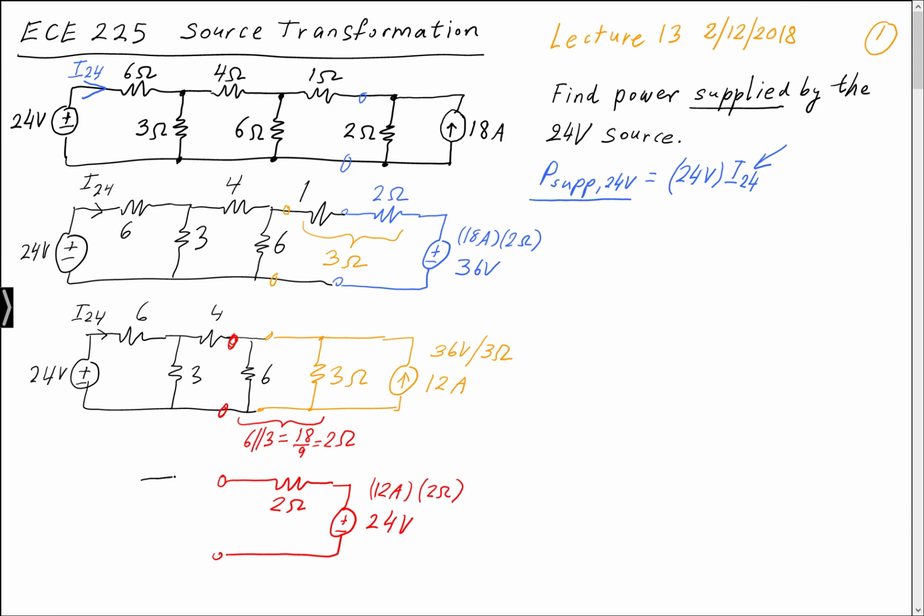So we have a 4 ohm resistor, series 3 ohm, and then a 6 ohm, and we have a 24 volt source here. Here's your I, the current that's leaving the 24 volt source, right? So that's all we have.